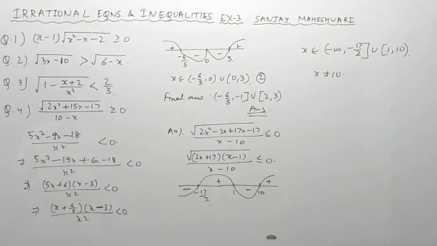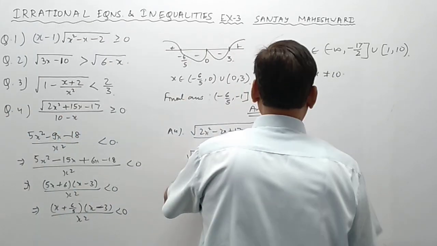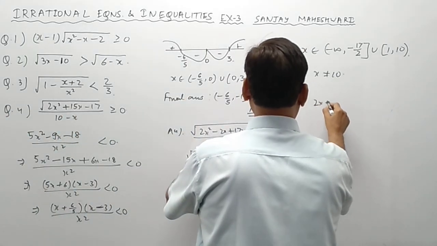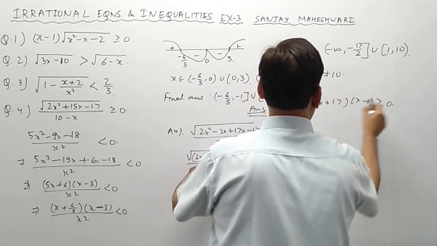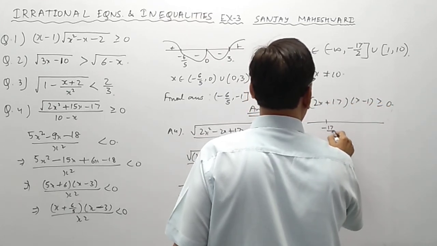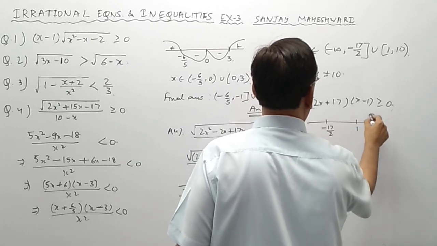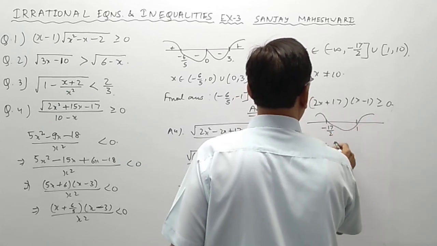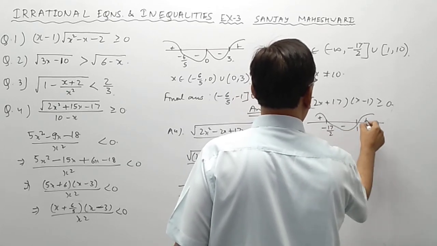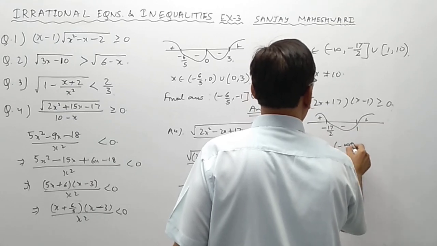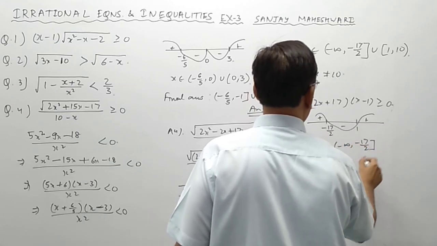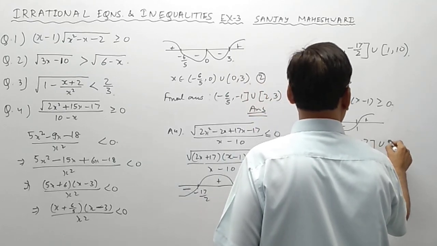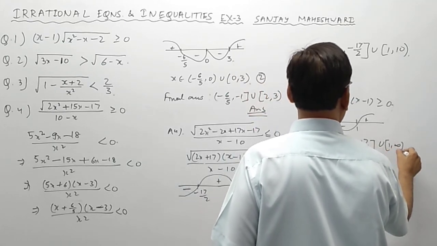Alright. And we have to check the expression under the even root also. (2x plus 17)(x minus 1) should be greater than or equal to 0. For this we are getting x belongs to minus infinity to minus 17 by 2 closed, union 1 closed to infinity.